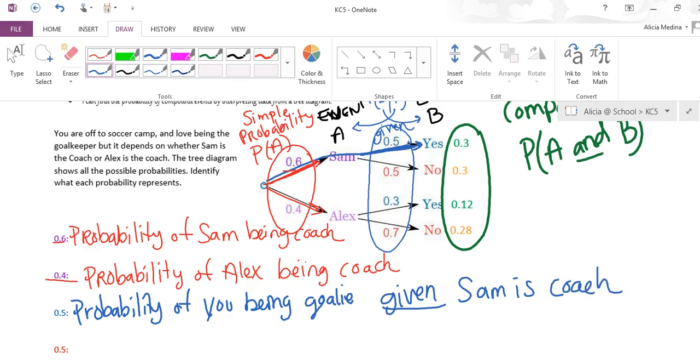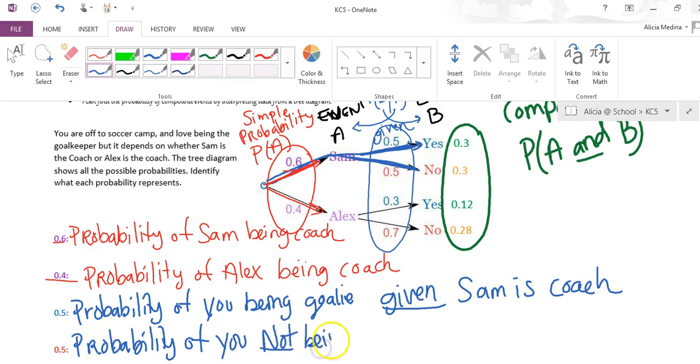Alright, now what is the next number? So I see that another 0.5. So again, Sam is still the coach, but now I'm not going to be goalie. So this is the probability of you not being goalie given Sam is coach.